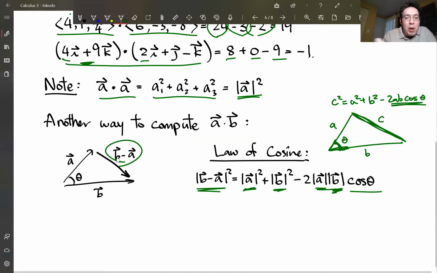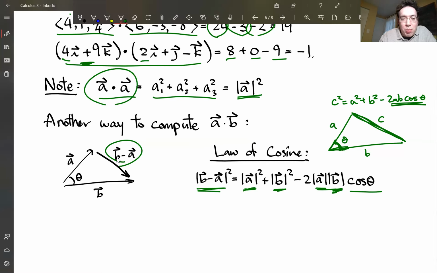And remember that the magnitude squared is the same thing as the vector dotted with itself. So you can look at the left-hand side: B minus A dotted with B minus A. I haven't proved this yet, but you could: the dot product satisfies the distributive law of regular multiplication.